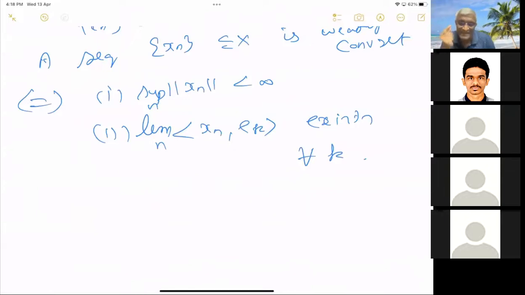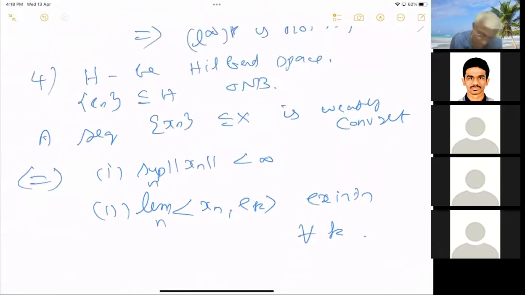That will define an element in the Hilbert space. Sorry, there's no need for a linear functional. That will define an element in the Hilbert space, and that element is precisely the weak limit of this sequence. Okay, I hope it's clear.